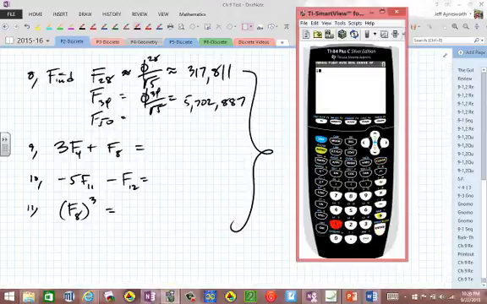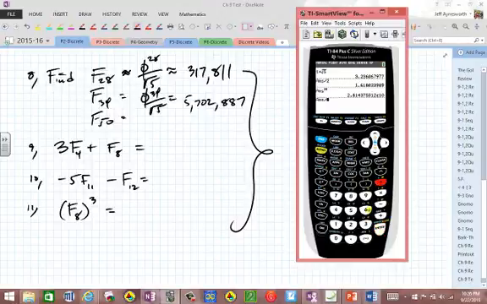Okay, so 1 plus square root of 5, divided by 2, raise it to the 50th. Now you're in exponential notation here. Divided by the square root of 5.